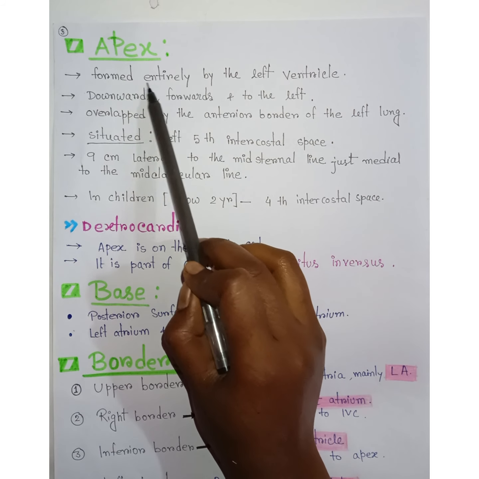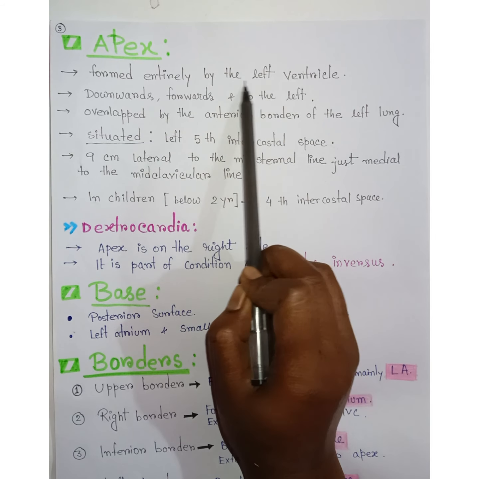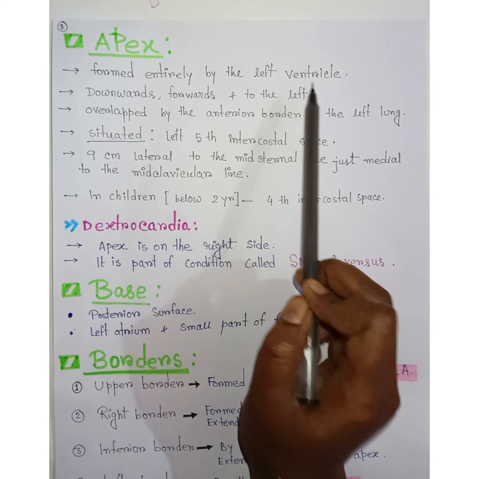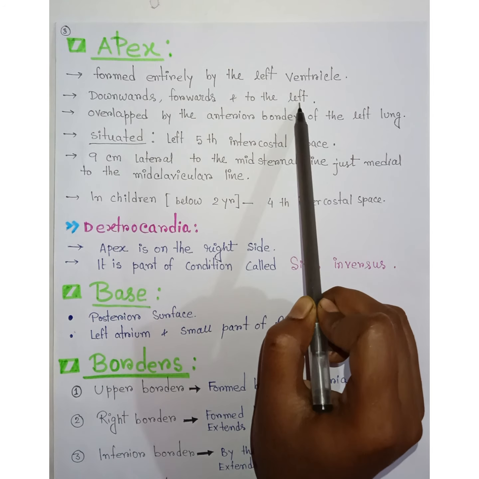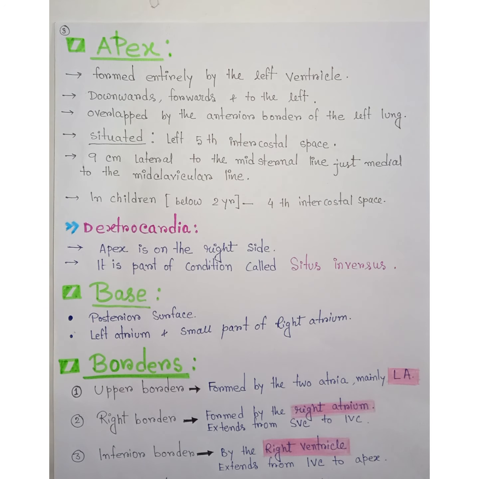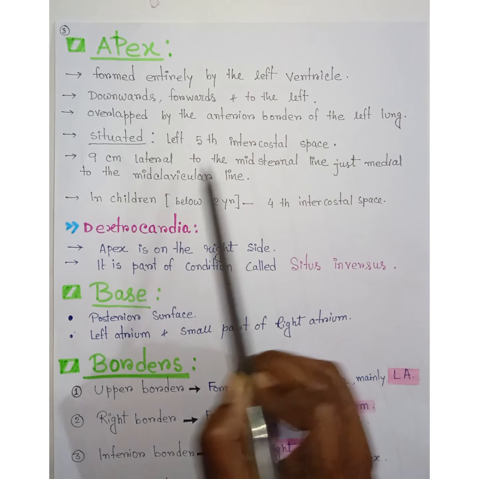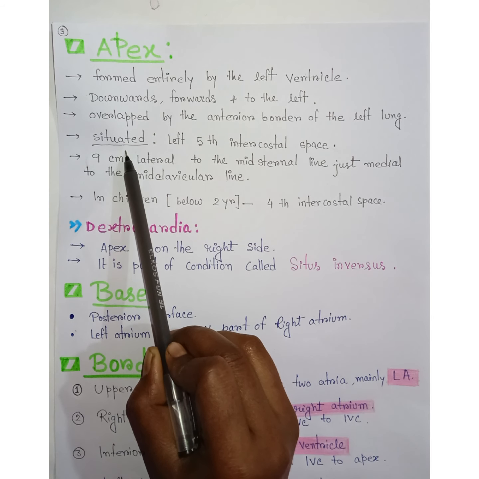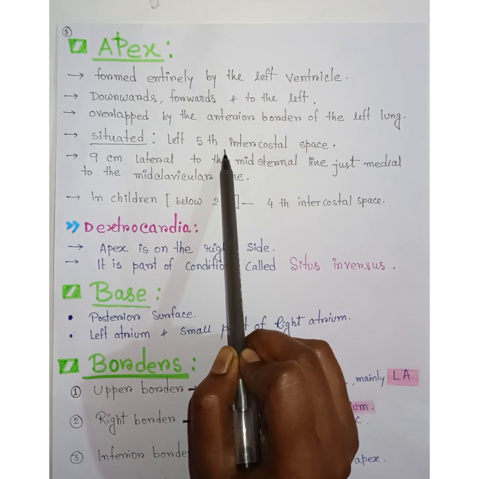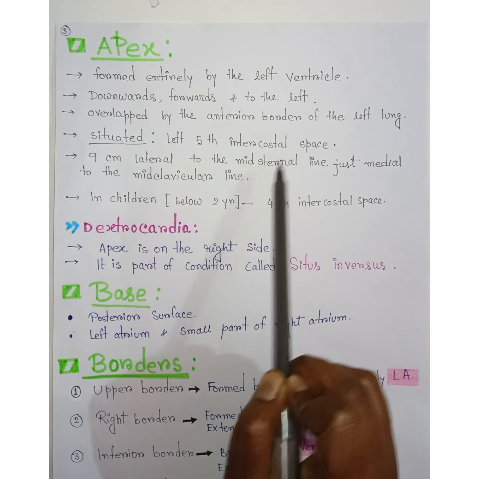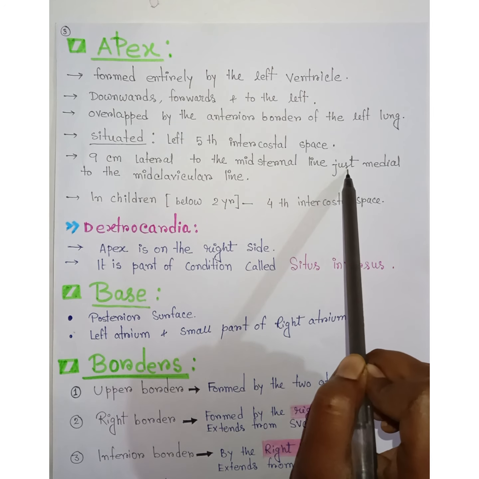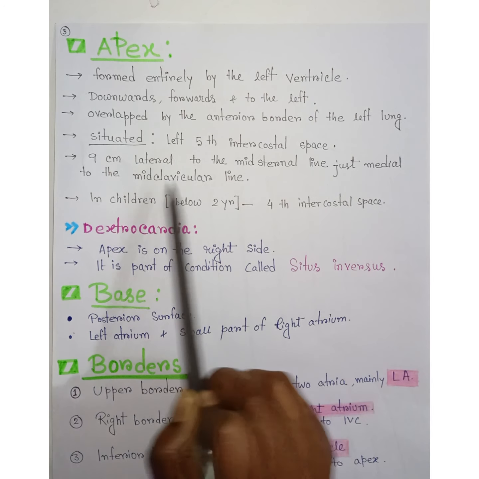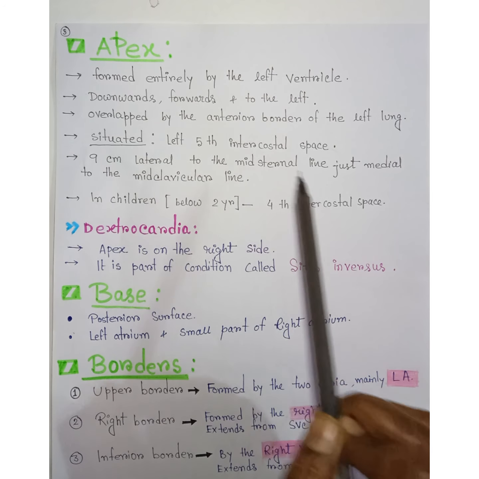The apex of the heart is formed by the left ventricle. It is directed downwards, forwards and to the left, and is overlapped by the anterior border of the left lung. It is situated in the left fifth intercostal space, 9 cm lateral to the mid-sternal line, just medial to the mid-clavicular line.